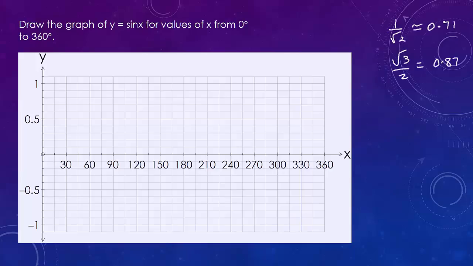We want to draw the graph of y equals sine x for values of x from 0 to 360. I've just put approximations over here: 1 over root 2 is about 0.71, root 3 over 2 is about 0.87.